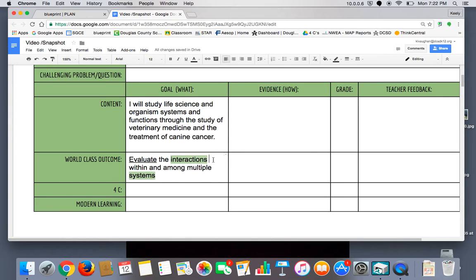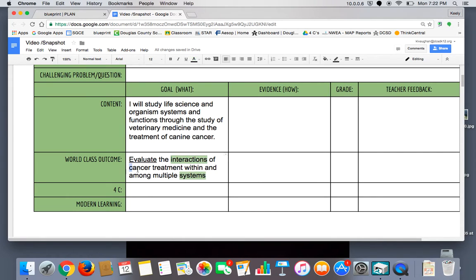So I'm going to evaluate the interactions of medicine, and I might even more specifically say cancer medicine. And you know what, as I'm looking at medicine, I think a better way to say that is treatment. So evaluate the interactions of cancer treatment within and among the multiple systems. So I've got what interactions I'm looking at.